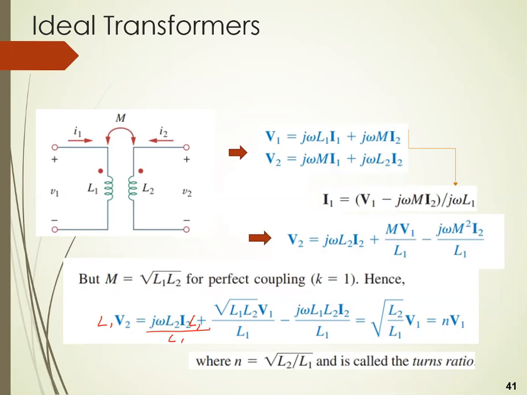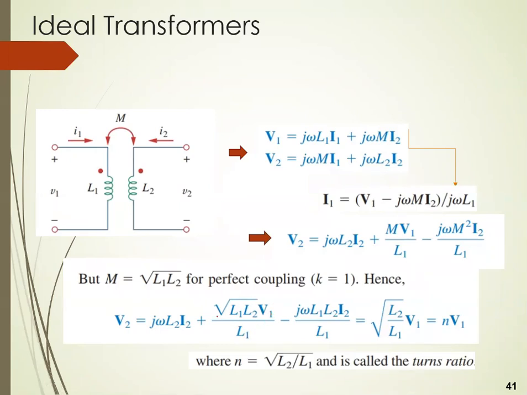Cross multiplication, so this term here is going to cancel, and we end up only with this value: the square root of L1 L2, V1 over L1.